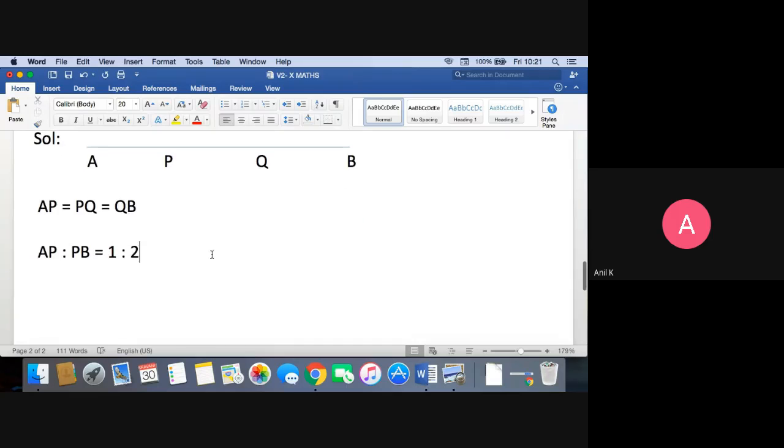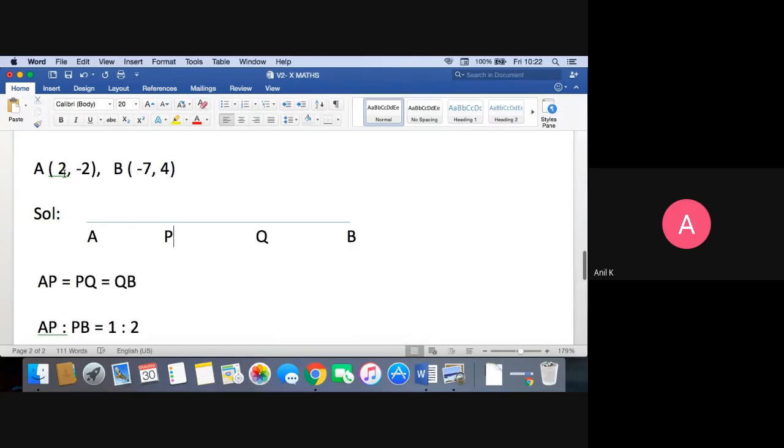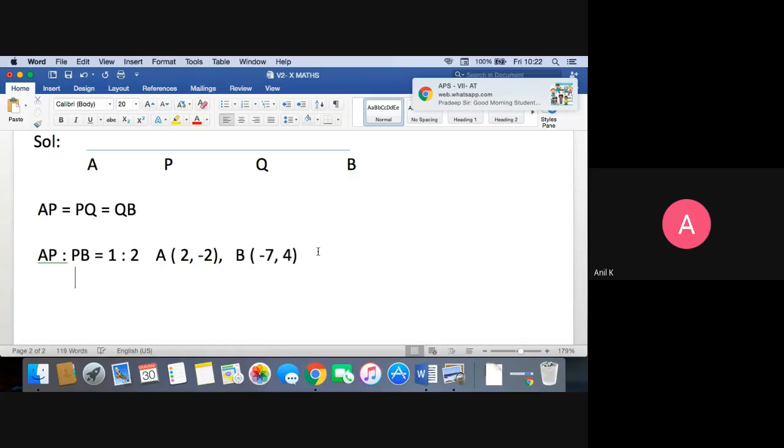Now here I know the ratio. AP is to PB means I am finding the point P. The ratio is 1 is to 2 and I know the values of A and B. If you want, let me copy them again here to the bottom. So here we have all the ratio. Then, give the names for them.